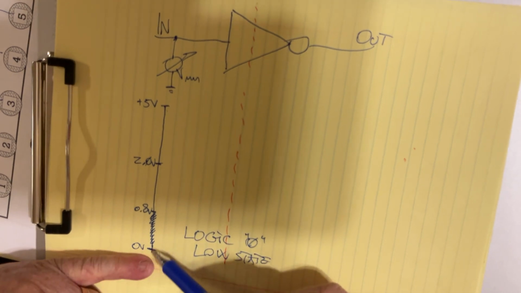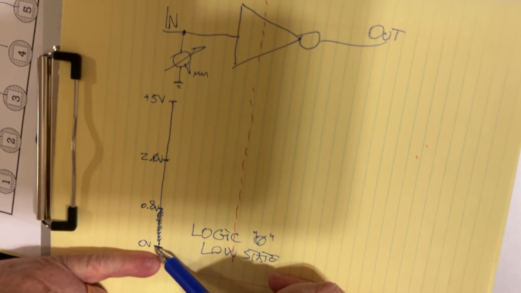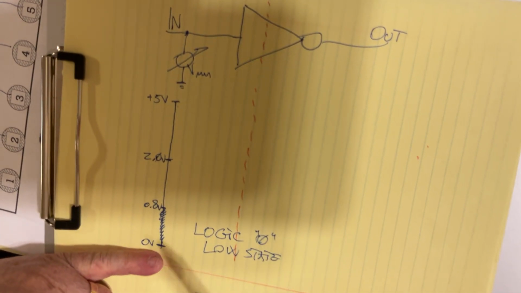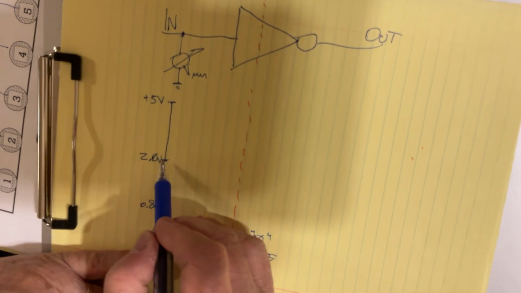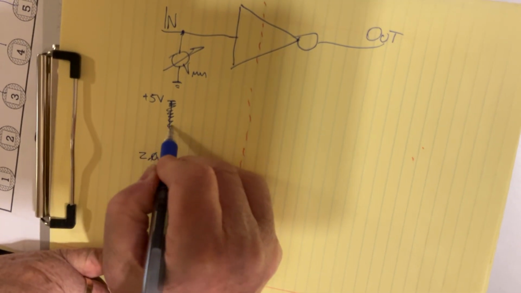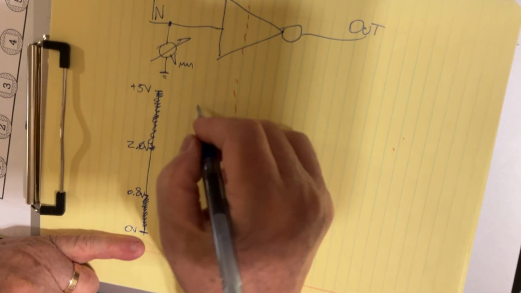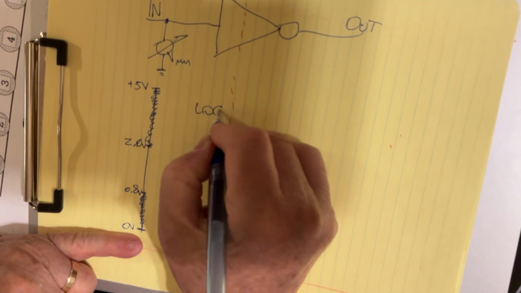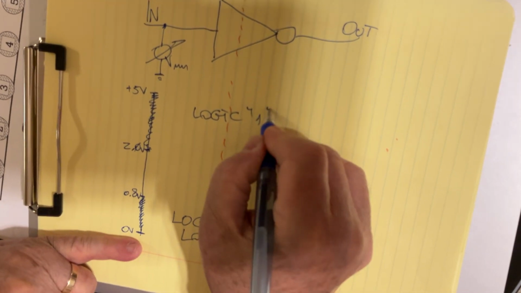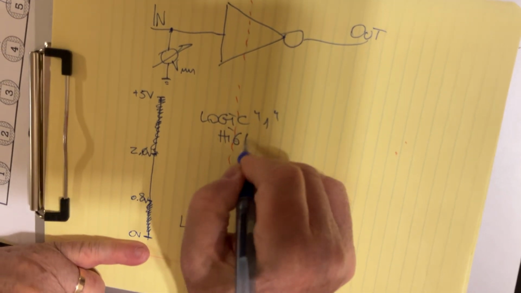So this is the actual tolerance. Anything between 0 and 0.8 volt is logic 0. And everything above 2 volts up to 5 is going to be considered the logic 1 or the high state.